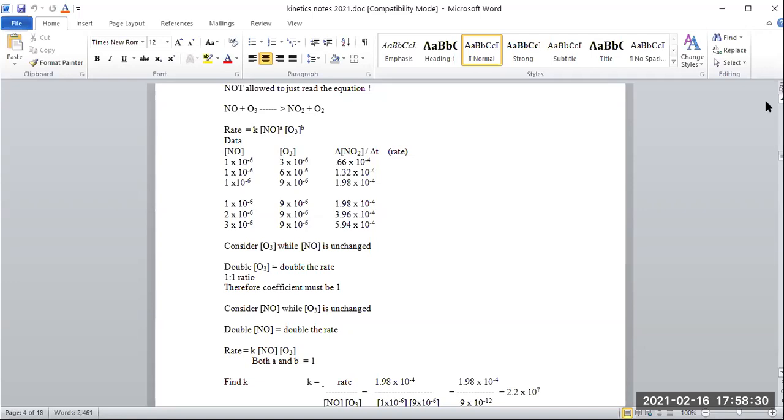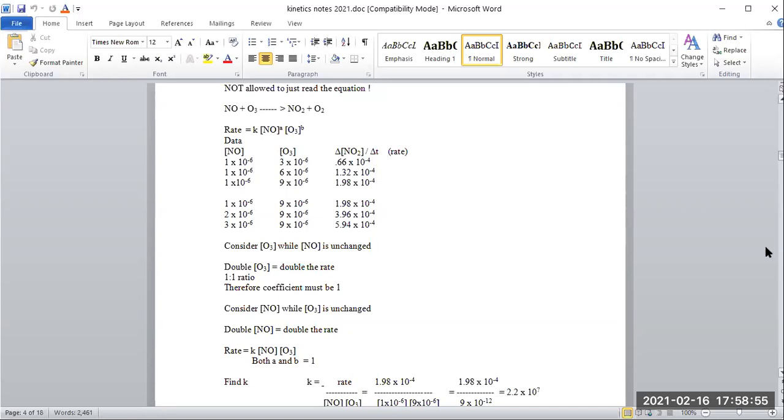And then you look at the second set of data where we are holding the O3 at a fixed value and we're changing the NO. And it did something similar. When you double your NO, you double your rate. So both my A and my B ended up being a value of 1.